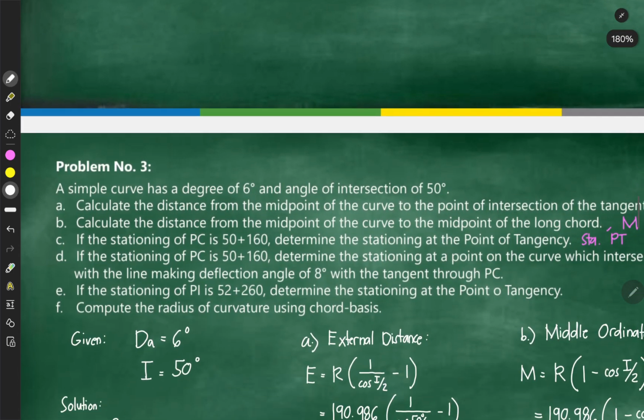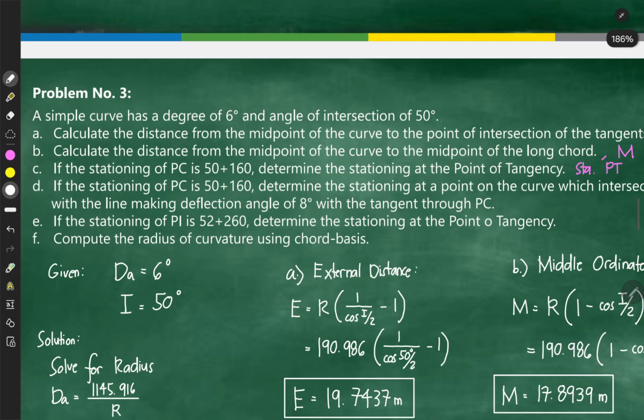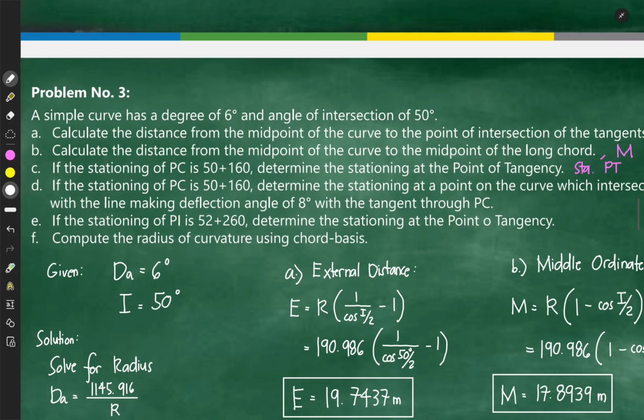For our letter E, if the stationing of PI is 52 plus 260, determine the stationing at the point of tangency.